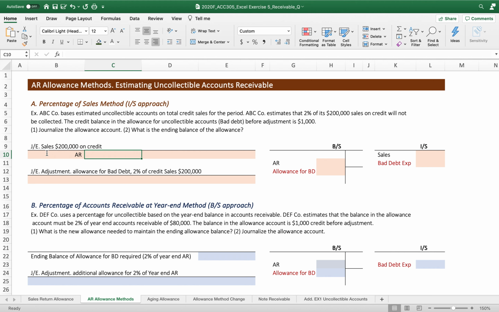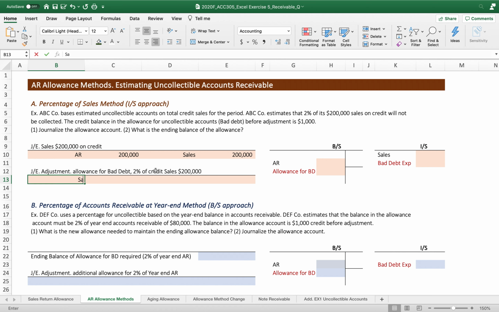On the debit, we increase accounts receivable, and on the credit, sales, the same value, 200,000. But financial statements and the reporting procedure should be realistic and relevant. So the adjustment we require is allowance for bad debt at 2%.